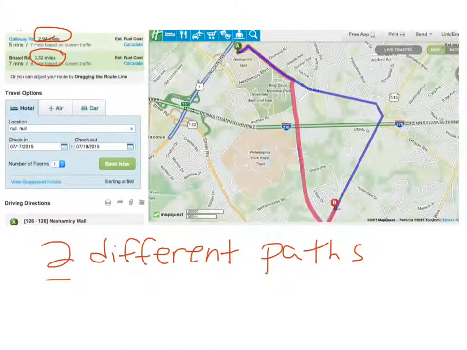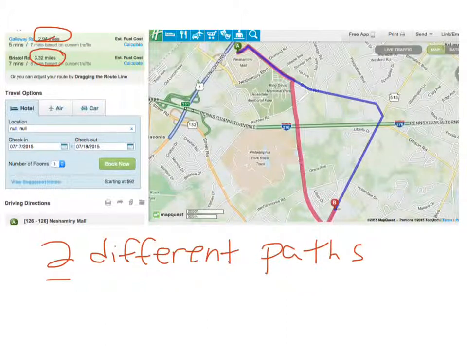So distance is not a physical quantity that we use too often. There are some similarities between distance and another important physical quantity that we're going to talk about, but we generally don't use distance as often in physics because of this subjective nature where the path that you take is important in determining the distance.